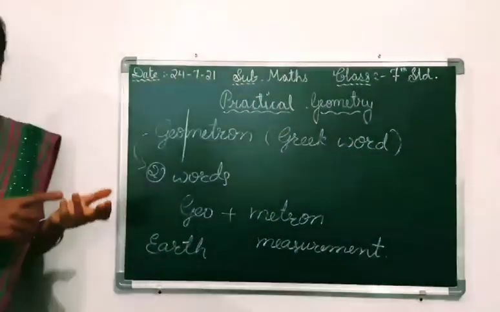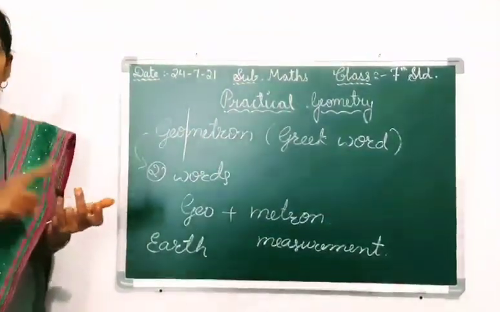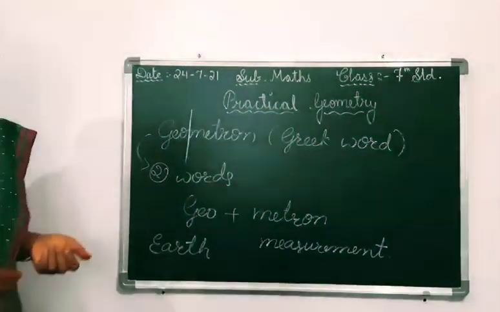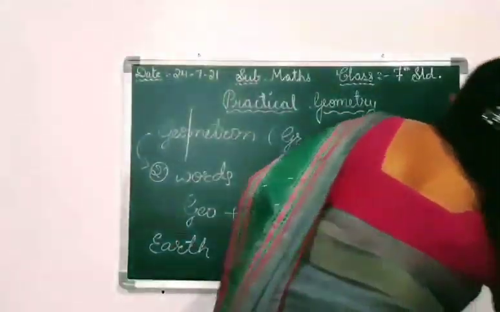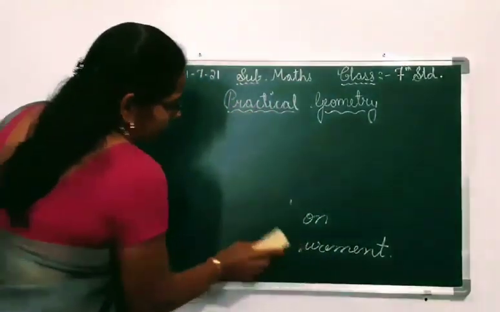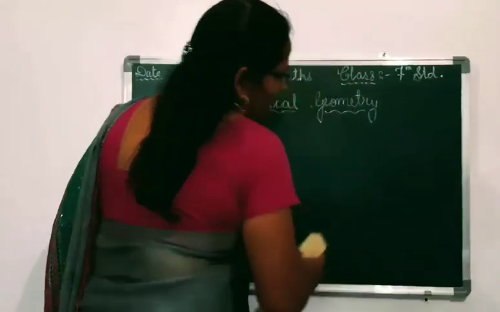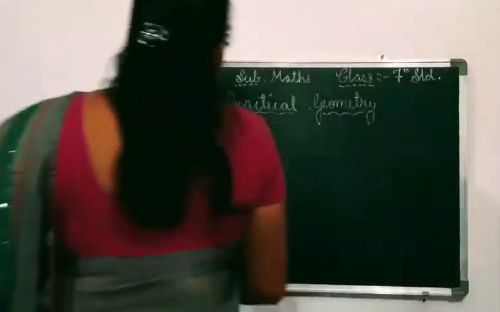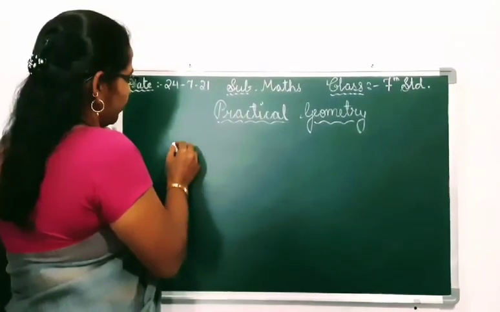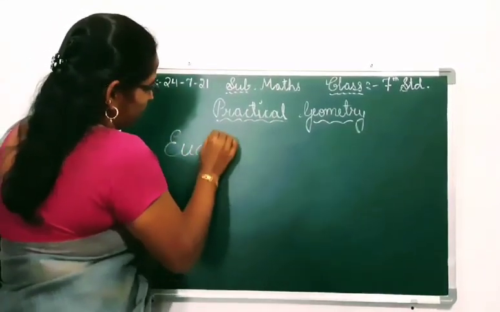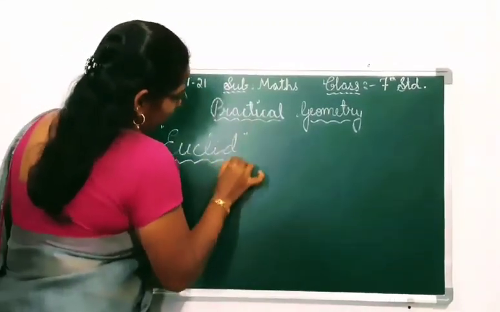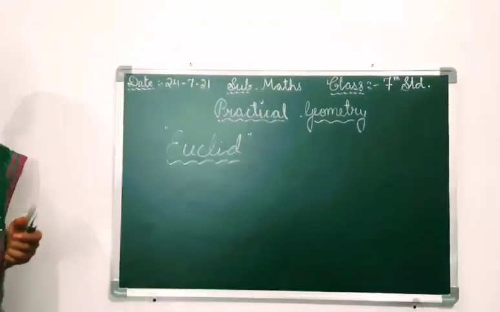For example, measuring the area of a square, a rectangle, a triangle, a parallelogram. Especially we use geometry for measuring areas and also perimeters. Euclid is the father of geometry.